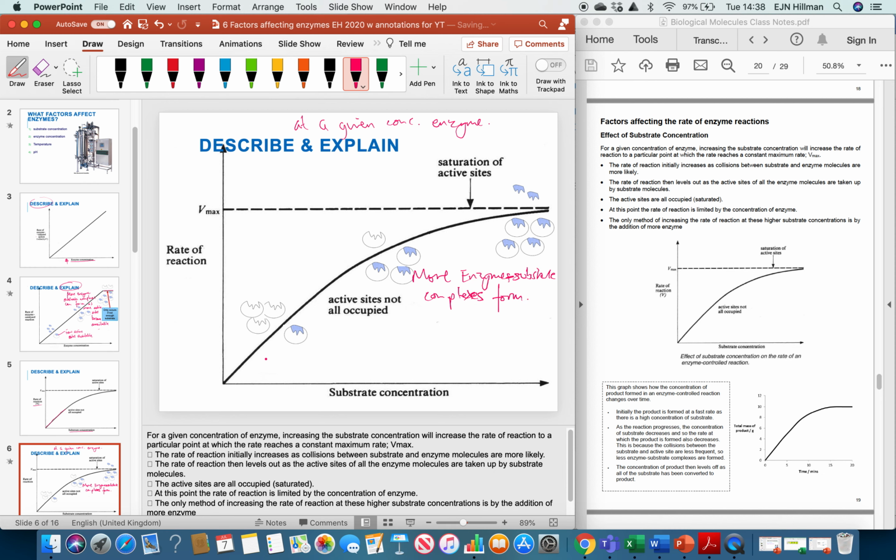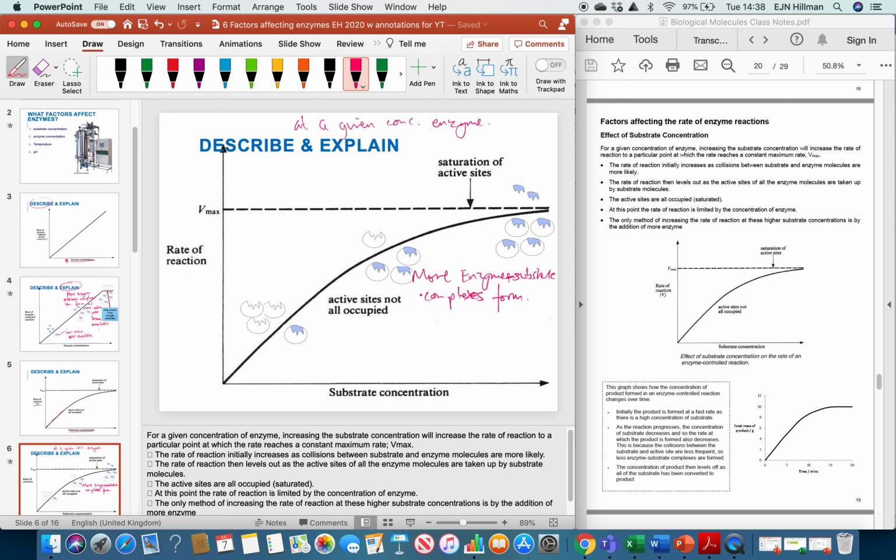Okay, initially the rate of the reaction is limited by the concentration of the substrate. So whilst there are many active sites available, there are fewer substrates, so there are fewer enzyme substrate complexes formed.